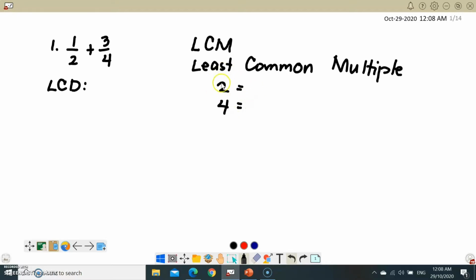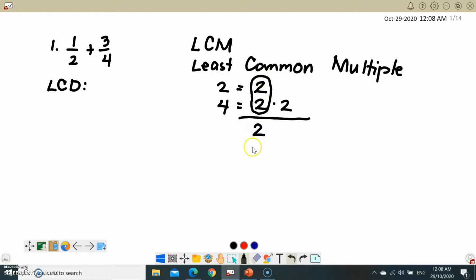What is the prime factorization of 2? We have here 2. How about the prime factorization of 4? We have 2 multiplied by 2. If you notice, 2 is a common factor of 2 and 4. So let us encircle it and we group it as 1. You have there a pair and we are going to bring it down as 1.